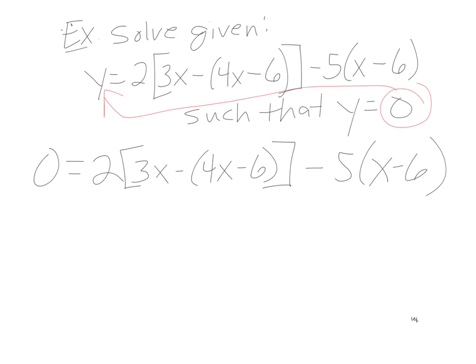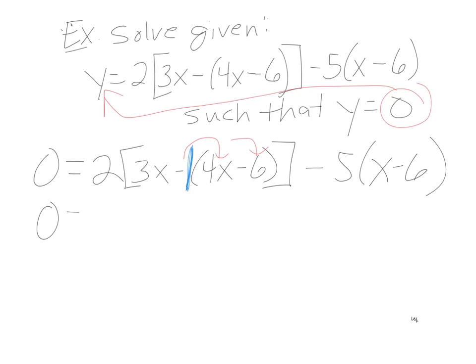Okay, we've got a lot of parentheses here, and what I would do first is that whenever there's a minus in front of a parentheses, I always fill in a 1 and think of there being a negative 1 there. And then that helps me remember to take that minus and distribute it.